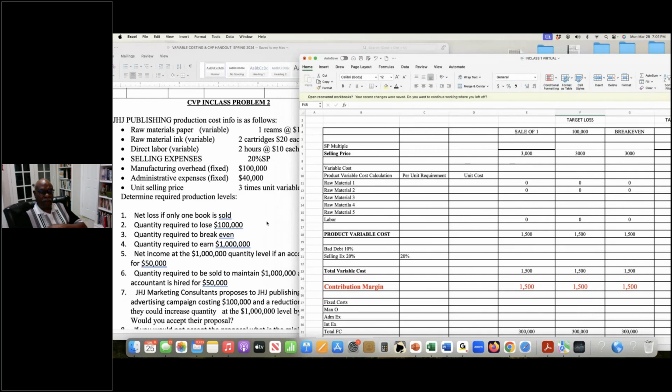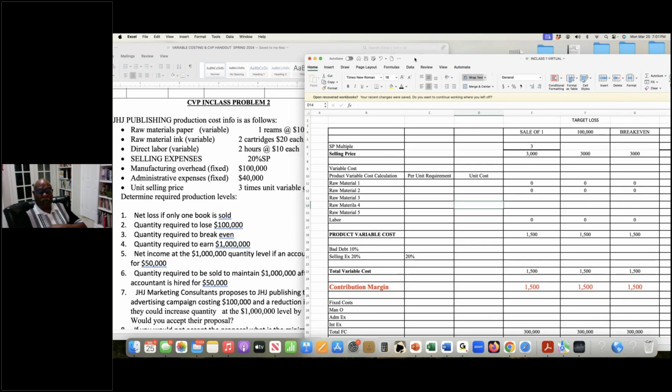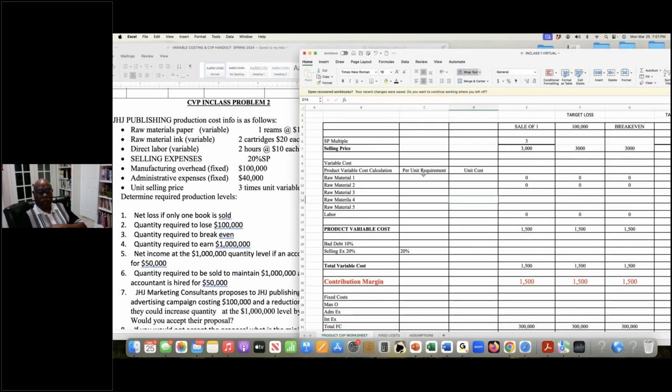So a selling price multiple is 3. I'm going to put that multiple in there for now. I've got one raw material. For the paper, it's 1 at 10, so my per unit requirement is 1 and my unit cost is 10.